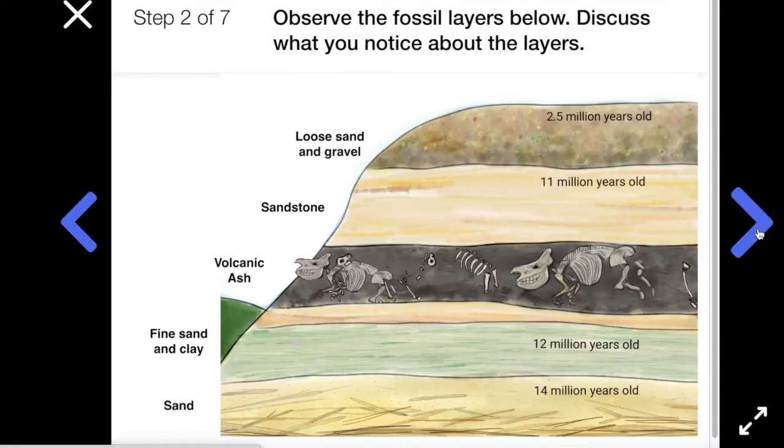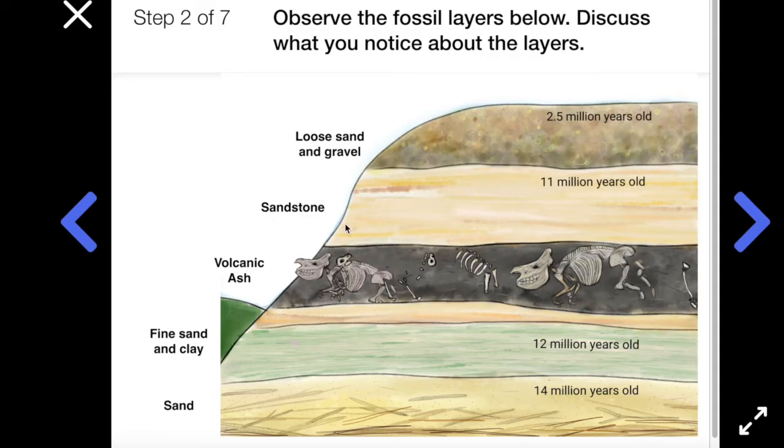Okay, so here is a picture of the fossil layers in the hillside where the rhinos were discovered. This is a cutaway version that shows how old the soil in the different layers were, and also what kind of rocks they were. So this top layer was loose sand and gravel from 2.5 million years ago, 2.5.